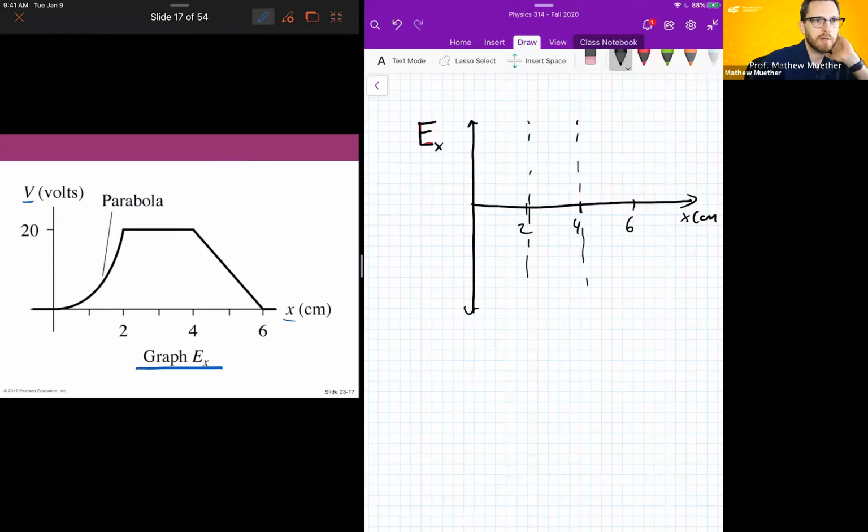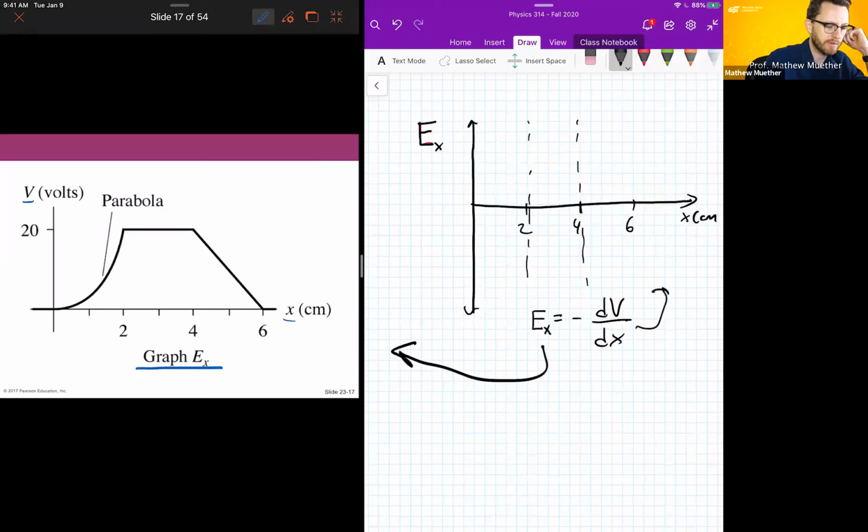Can somebody tell me the electric field there? Put what you think the electric field is in that region in the chat. Remember, we were given the potential, so if I want the electric field, it's minus the derivative of that potential with respect to x. That's how we're going to turn that graph right into this graph.